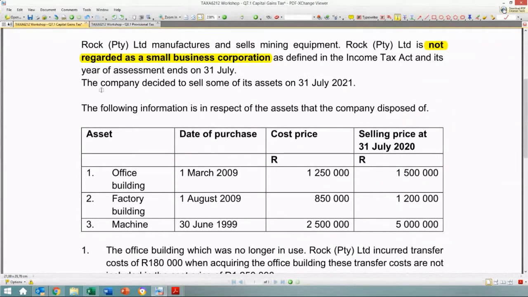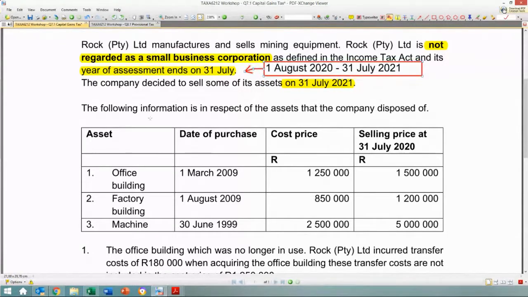In the year of assessment, the company decides to sell some of its assets on 31st of July, the same date as the year of assessment, when the tax year ends. So that means our tax year would have been from 1 August 2020 up to 31st of July 2021, if we are looking at the 2021 tax year of assessment.